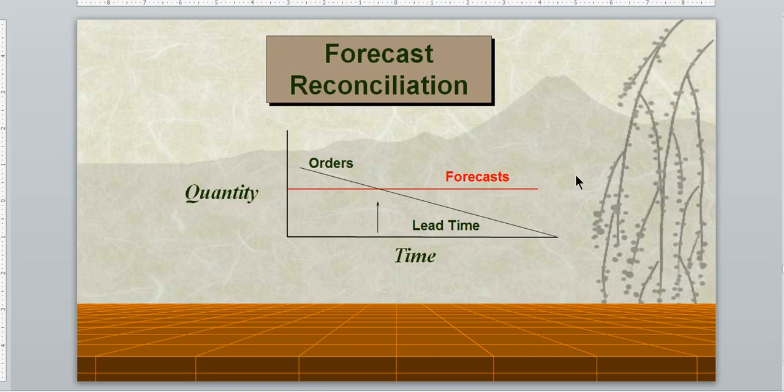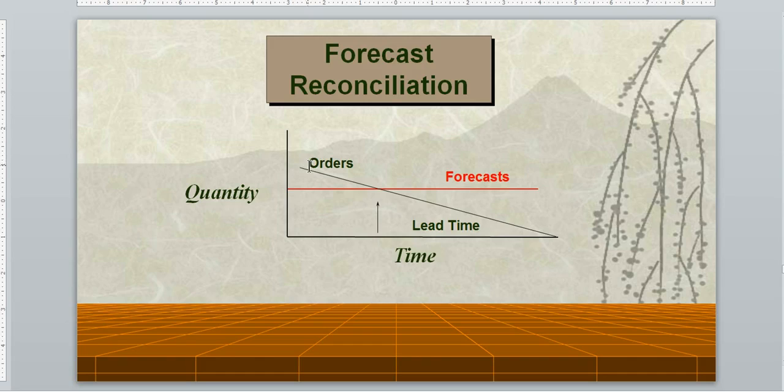And then also the next concept here is that we don't have all the orders all the time for our forecasts. We're consuming our forecasts over time. And our orders are going to be more representative of demand. So really when we look at this chart here, we have more orders in the short term that are going to represent our true demand.